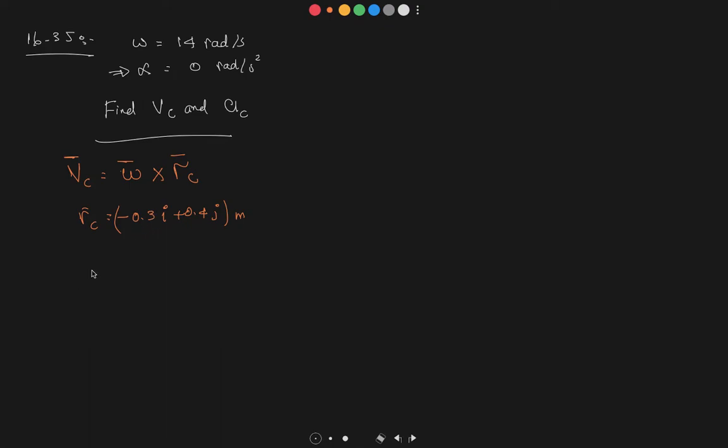So now if we need to find omega in the vector form, then we have to find first a unit vector. And remember guys, omega is not on the x-axis or on the y-axis. It has a different orientation, right? So to write it in the Cartesian vector form, we have to multiply its magnitude by a unit vector. Unit vector of what? Let's go back to the question. Unit vector.